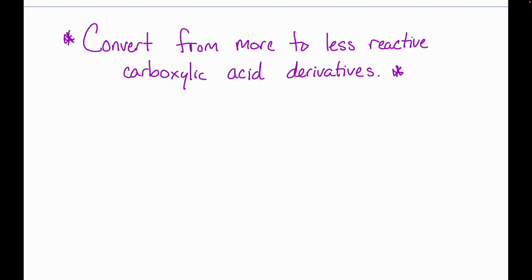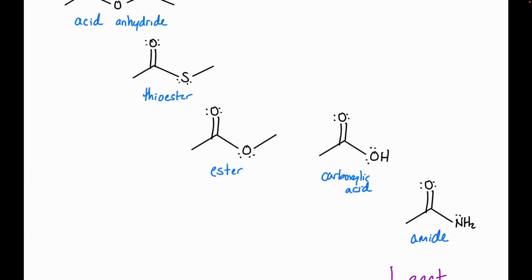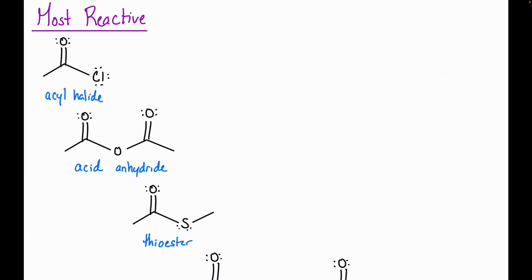Okay, so a good question would be why? Like, why can we go one direction but not the other here? All right, so let's just grab one of these more reactive carboxylic acid derivatives, and we're going to convert this thing into one of our less reactive carboxylic acid derivatives.